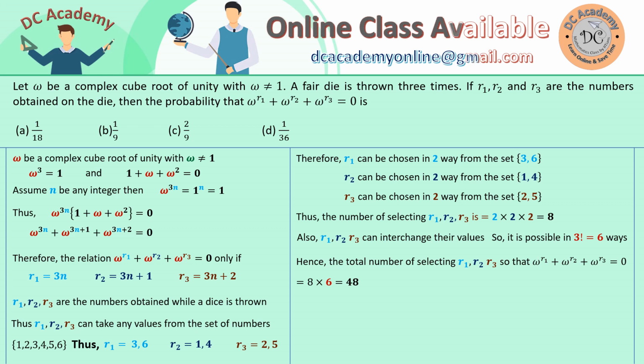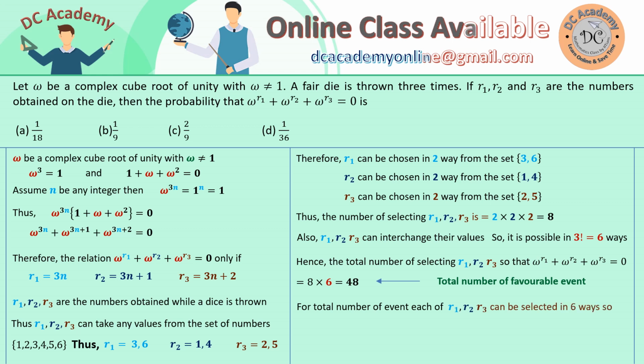So there are 48 different ways of selecting r1, r2, r3 such that omega to the power r1 plus omega to the power r2 plus omega to the power r3 is equal to 0. Hence this number 48 will be the total number of favorable events. Now our next job is to find the total number of events. To calculate it, we see that each of R1, R2, R3 can be taken in 6 different ways, because we only have 1 to 6.